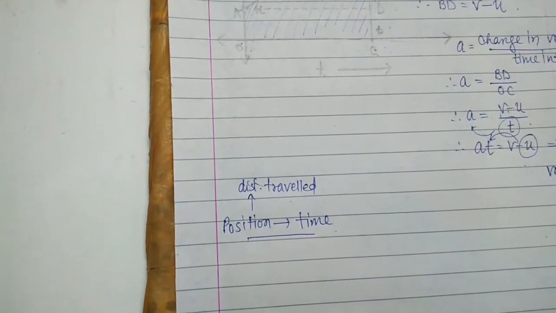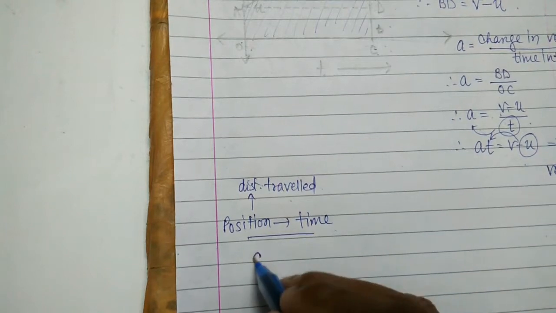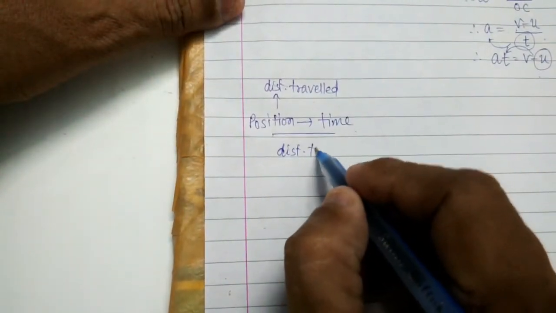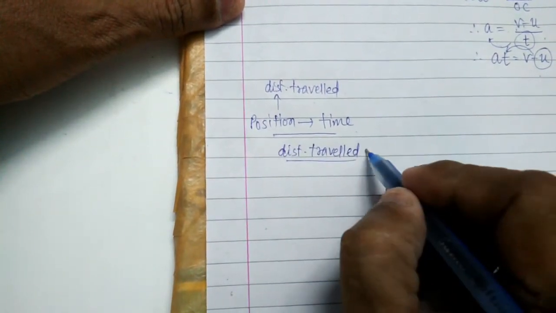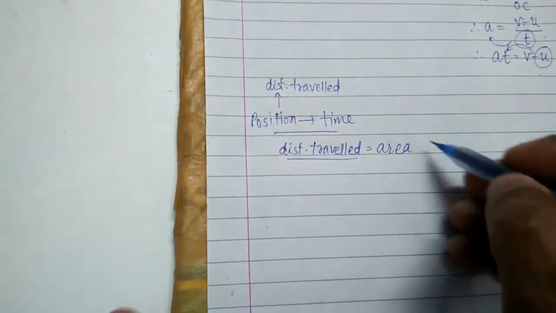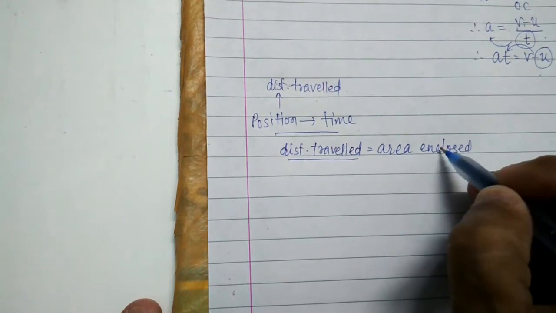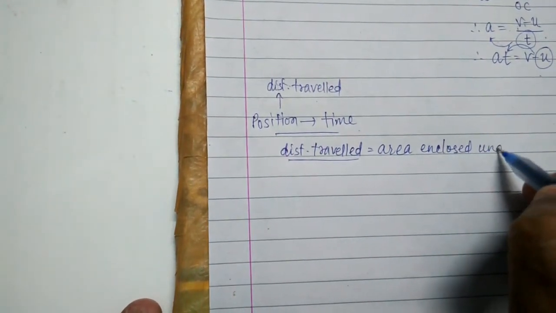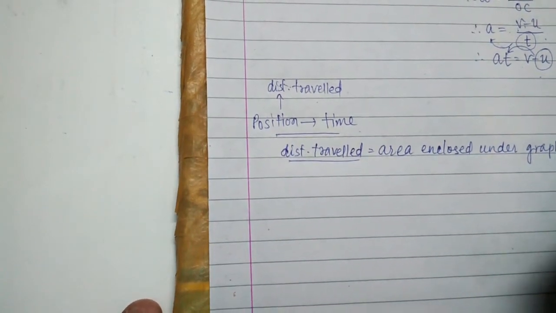So position to time. So distance traveled is equal to area enclosed under the graph.